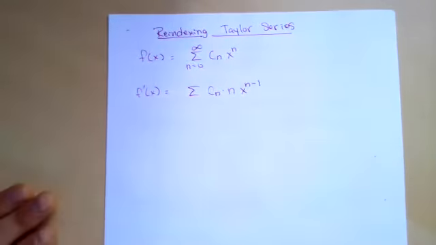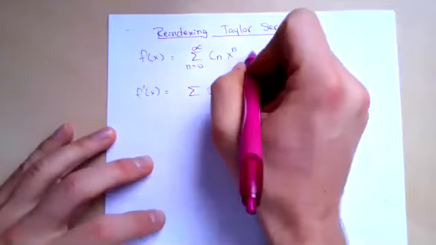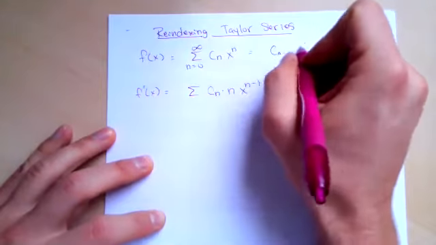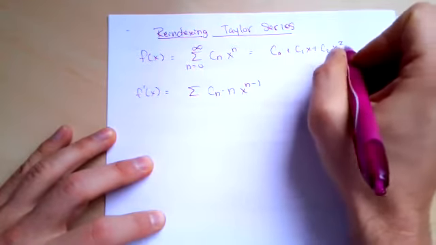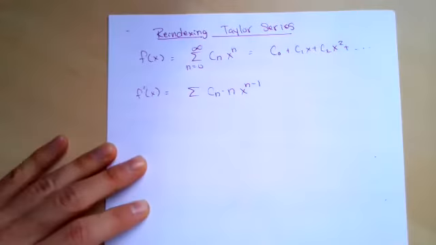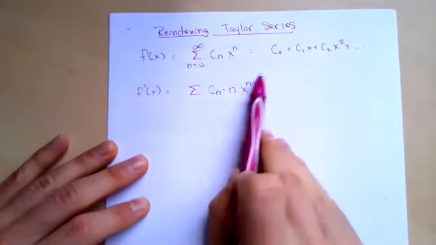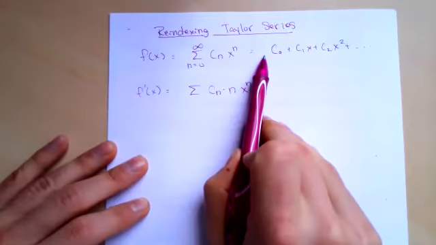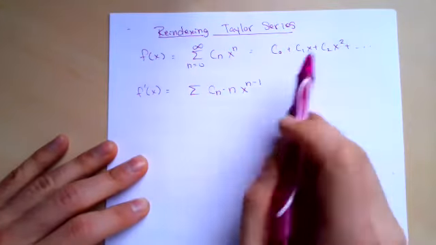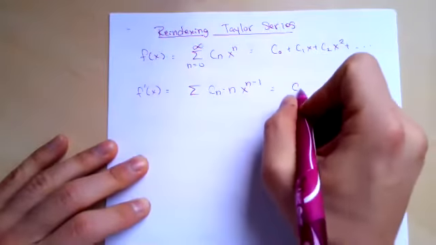But where should n start here? If you write that out, remember, it's just c0 plus c1x plus c2 x squared plus, and it goes all the way up. And so when I take my derivative, this 0th term goes away. And what are we left with when we start? We're just left with c1.